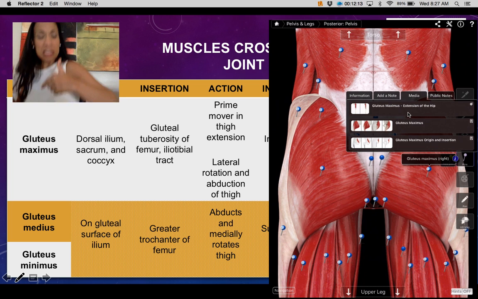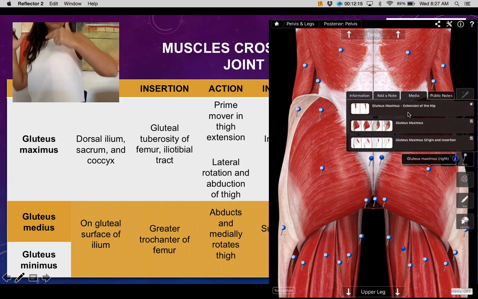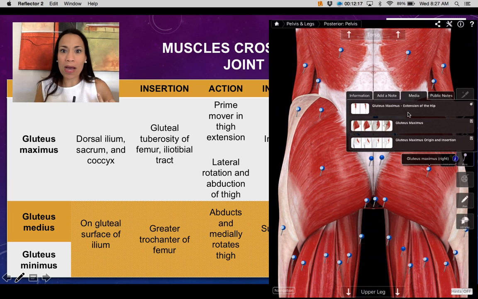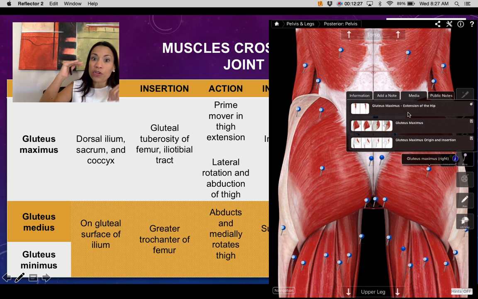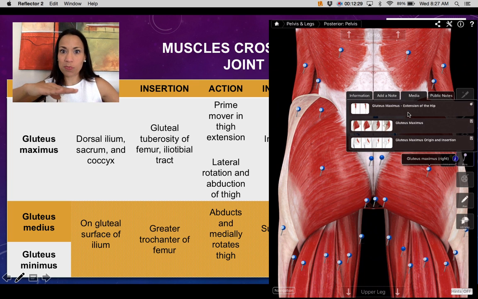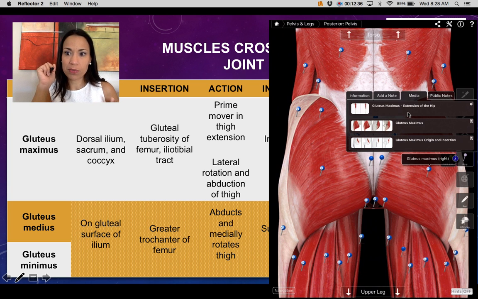I can do this like 10 times, and this is a squat, like climbing the stairs, lunges, of course. Any movement where your hip goes from a flexed position to a standing position, okay, that's where gluteus maximus acts.